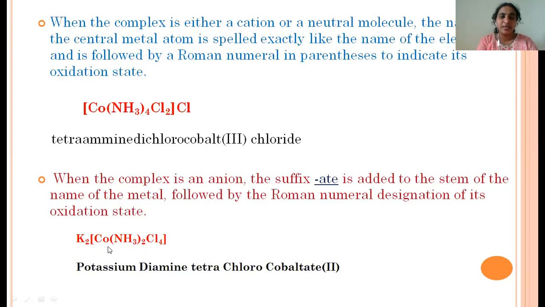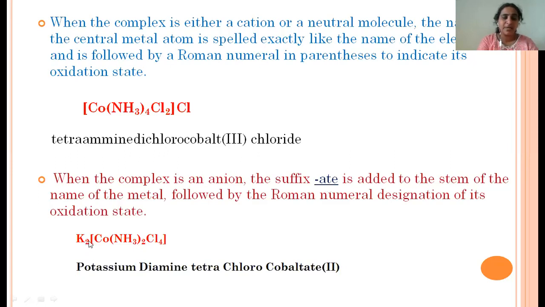Suppose the sphere is a negative anion, then we add the suffix ate to the metal. In this complex, potassium is the positive ion, whereas this sphere contains the minus charge, so it is a negative sphere. Whenever the sphere is negative, we add the suffix ate to the metal.